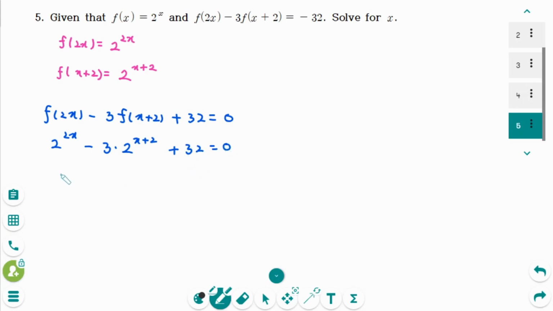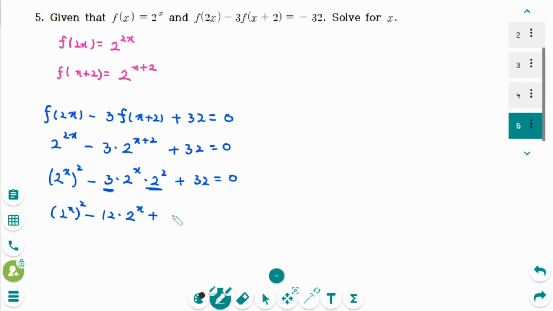We can rewrite as (2 to the power of x) squared minus 3 times 2 to the power of x times 2 squared plus 32 equals 0. (2 to the power of x) squared minus 3 times 4, which is 12, times 2 to the power of x plus 32 equals 0.